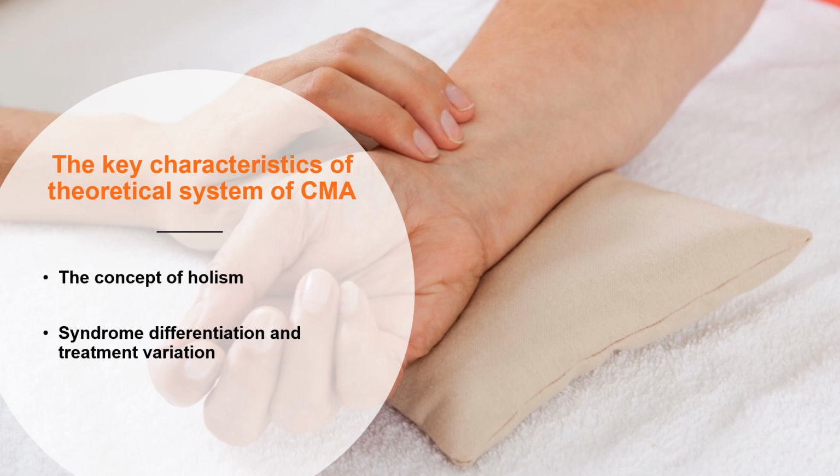The concept of holism is one of the key characteristics in Chinese medicine. All we talk about is holism. Holism means we see everything as a whole, we see the human body as a whole. That's why in the previous example, we can treat the lower back with the points on the hand, because in holism theory, the lower back and the hand have some connections between each other.